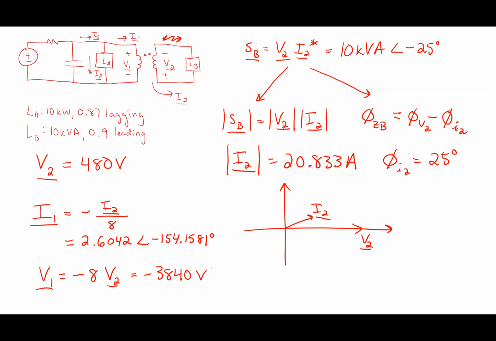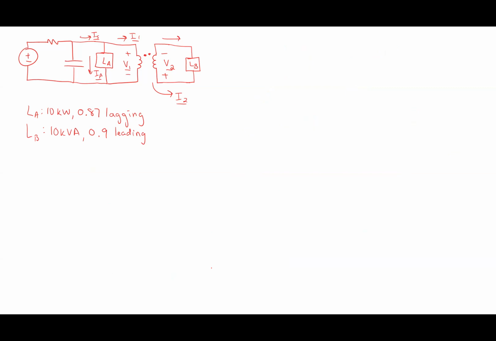The fact that this has an angle of 180 and the fact that this has a -154 tells me that power is definitely being absorbed into the primary, going to the secondary. If you look at all the problems we've had up until now, where I made more normal definitions, you'll always see that I1 was going into the plus sign. Okay. All right. Anyway, let's do load A.